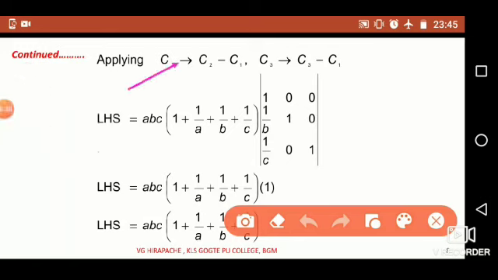Now here we change c2 to c2 minus c1 and c3 to c3 minus c1. c1 remains the same, therefore c2 column elements are 0, 1, 0 and c3 column elements are 0, 0, 1.